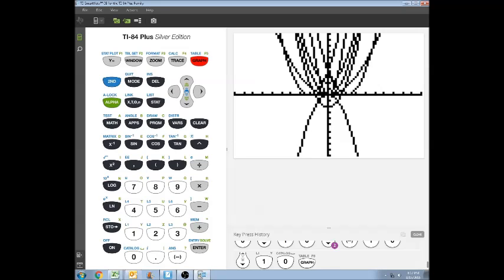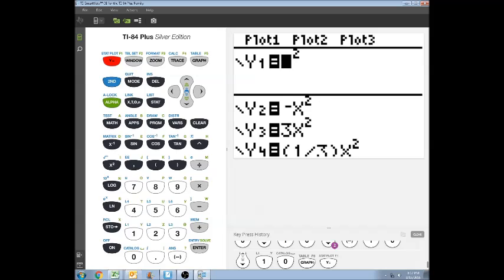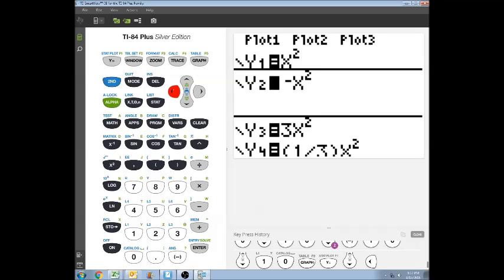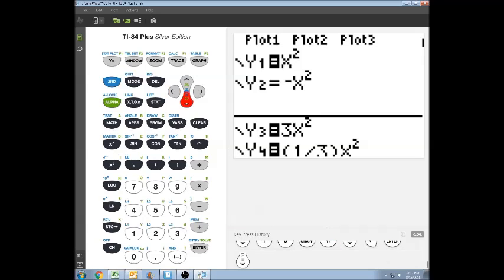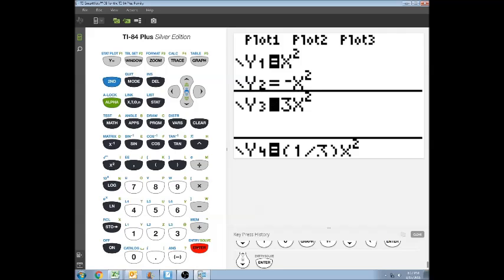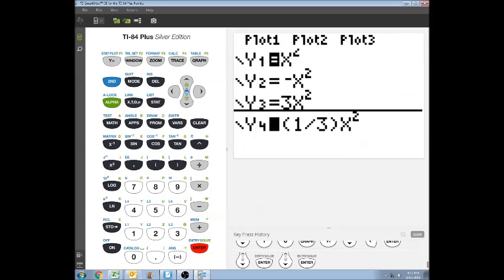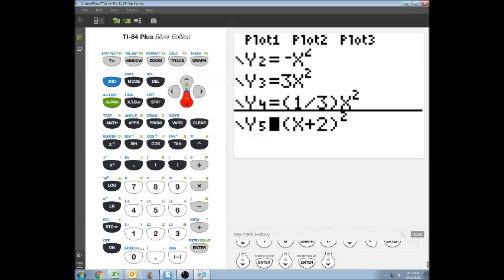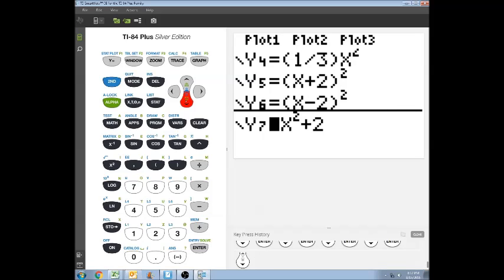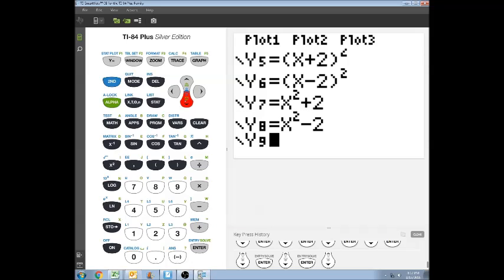So I want to look at each one individually. In order to do that, I need to get rid of these highlighted equal signs. I just go down to where it's highlighted and press enter. That will turn those off, and I'll be able to see just one by itself.